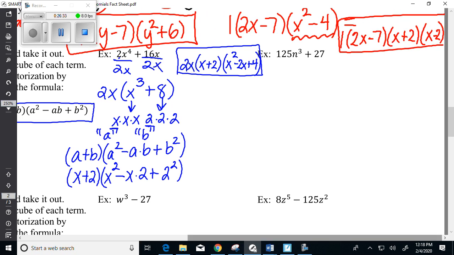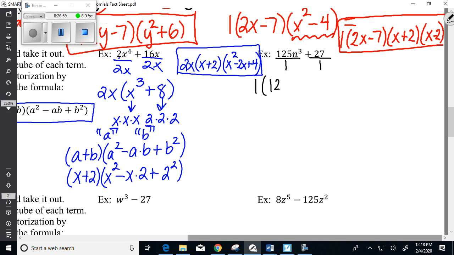Let's do another potentially more complex example: 125 n to the third plus 27. So first thing to note, there's nothing that divides out of 125 and 27. So that's 1. They both don't have a variable, so all you're taking out is 1.